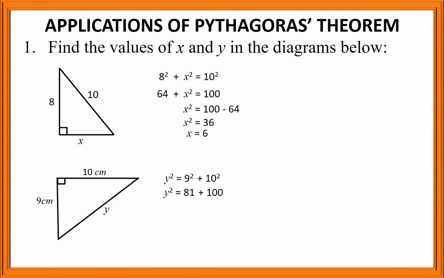This means that y squared will be equal to 81 plus 100. y squared will then be equal to 181. When we take the square root of that, that gives us 13.5 centimeters. So the value of y in the second diagram is 13.5 centimeters by applying Pythagoras Theorem.